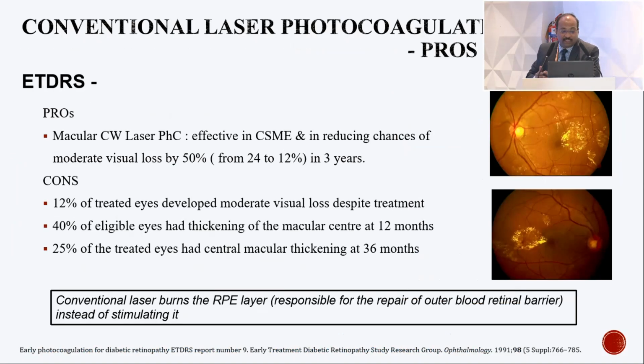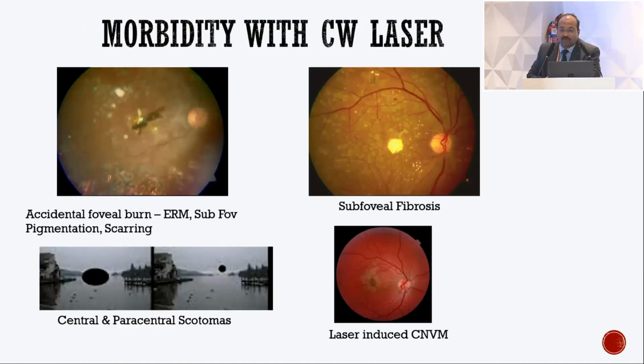Now, ETDRS showed us how efficacious macular photocoagulation was, but it also did recognize its limitations, such as these. And we also recognize that there is an occasional, very rare morbidity with continuous wave laser: accidental foveal burn, subfoveal fibrosis, central and paracentral scotomas, laser-induced CNVM, rare, but could still happen.